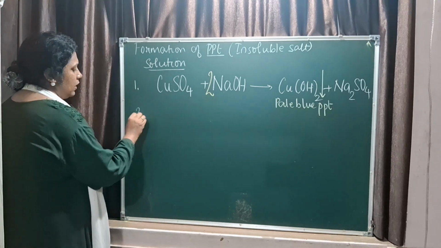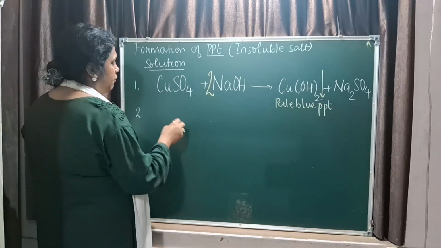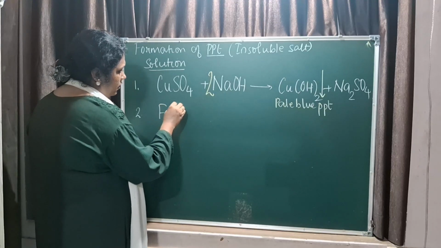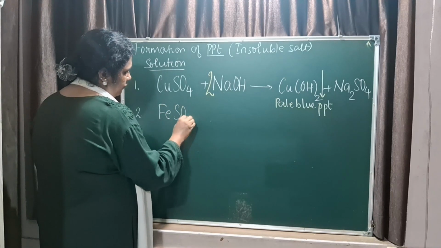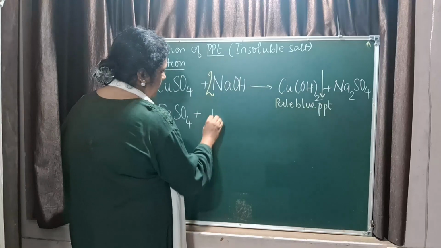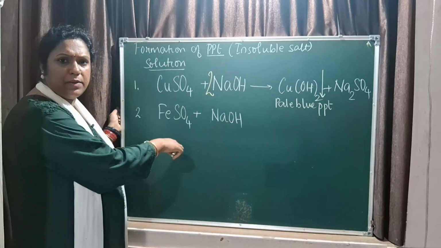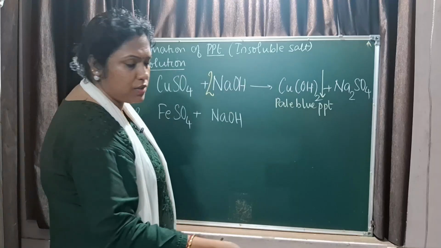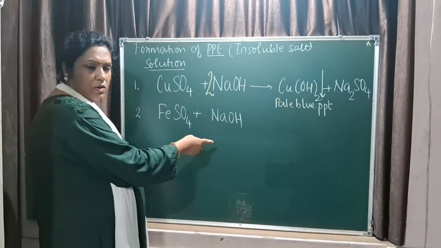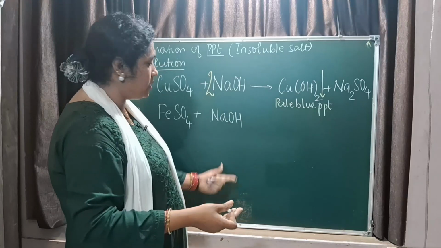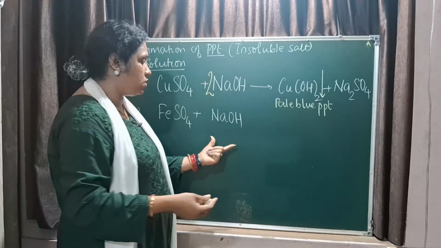Next one is you can have iron, ferrous sulfate, FeSO4 plus NaOH, okay. It can be NaOH, it can be KOH, it can be NH4OH, it can be any base, okay. Any base means strong base. NH4OH can also be used, okay.